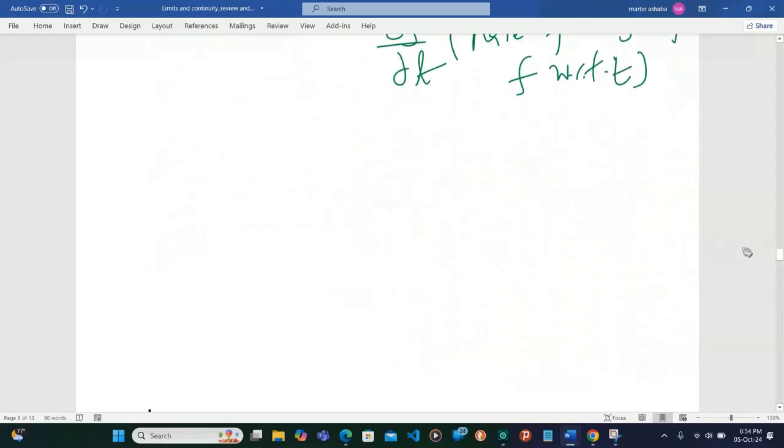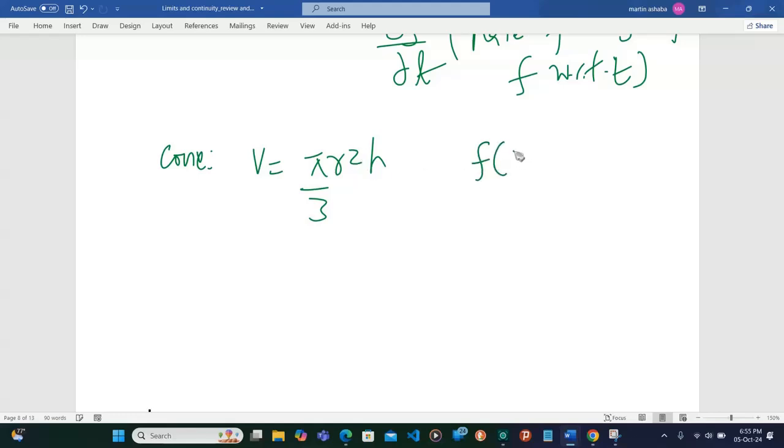But here we are talking about a cone, and a cone has a volume equal to pi r squared h divided by 3. So we can see that this volume is a function of r and h.